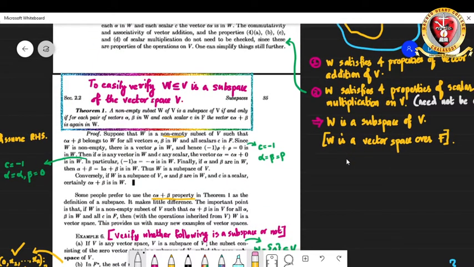Even checking all three properties is also a lot of work. So how do we easily verify that W subset of V is a subspace of the vector space V?